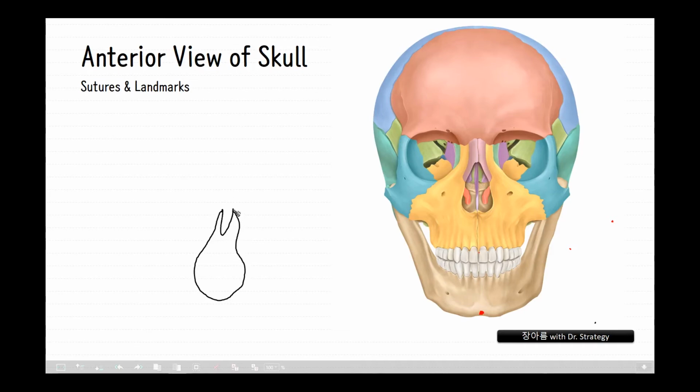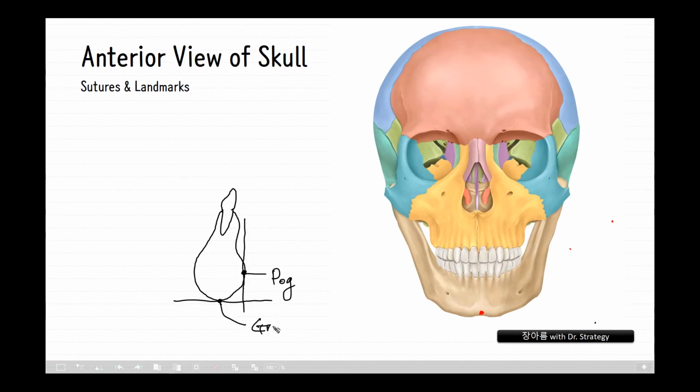It can be drawn like this, and we have the mandibular central incisors. The most anterior point of the mandibular symphysis in the midline or mid-sagittal line is the pogonion, and the lowest point by craniometrical definition is the gnathion.